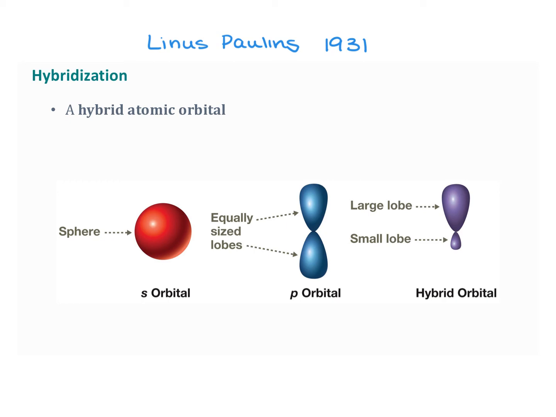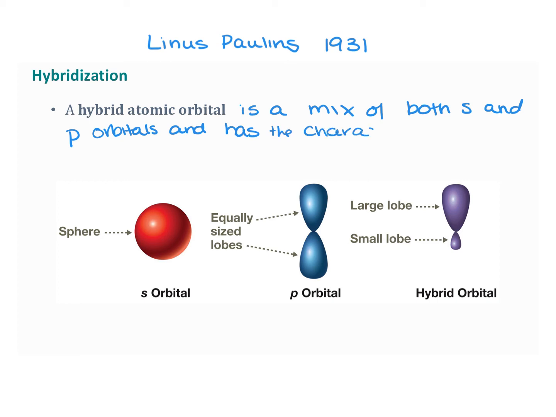When we look at hybrid atomic orbitals, this is just a mix of both s and p orbitals and has the characteristics of both s and p orbitals.